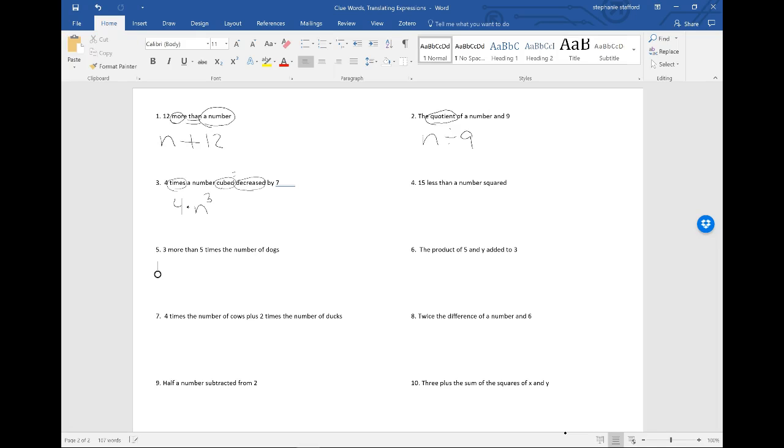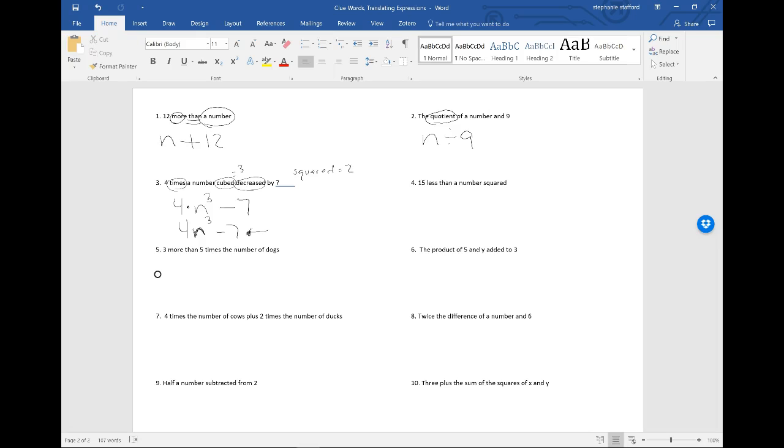So cubed is 3, squared is a power of 2. Decreased by, so that'd be subtraction 7. Now I'm going to rewrite this, so this isn't correct. 4 with a dot times sign isn't wrong, but just like we did in the clue word sheet, I can remove that multiplication sign because 4n cubed tells me the same thing. So I'd like to see you start to get to the point where you can write like that.